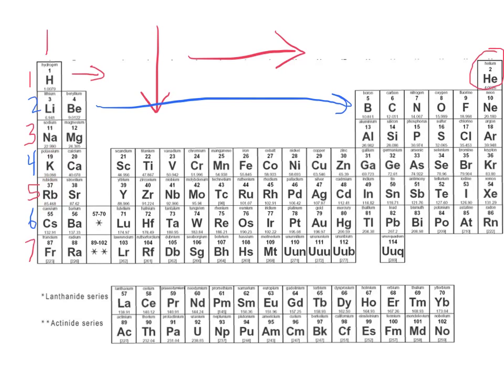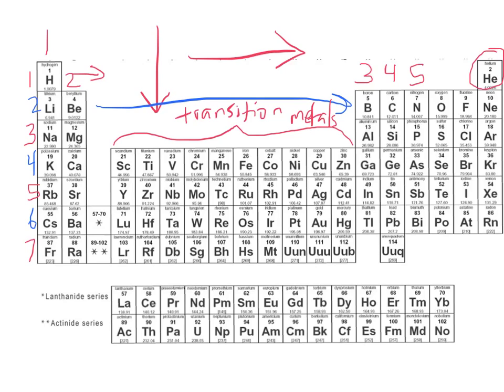And here the pattern continues. This family has 2 electrons in the outer shell. Now this middle group is called the transition metals, and they do lots of strange things, so that's where the pattern is sort of broken. But if you go over to here, boron has 3 electrons in the outer shell. Carbon has 4 electrons in the outer shell. Nitrogen has 5 electrons in the outer shell.